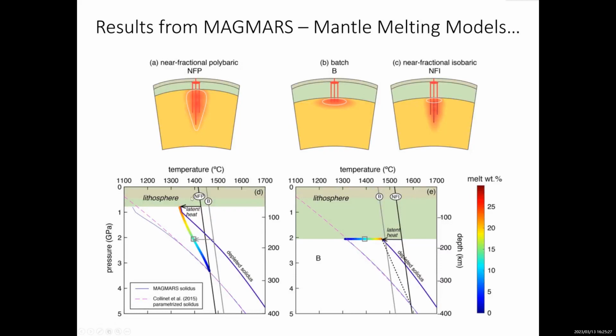So you consider a zone, and they're just assuming that the solidus changes. I think that's the adiabat, and the solidus is the dashed curve. I think they're trying to say that. And the MAGMARS solidus is slightly different but still similar to the pink dashed curve. So that's something they calculated here.